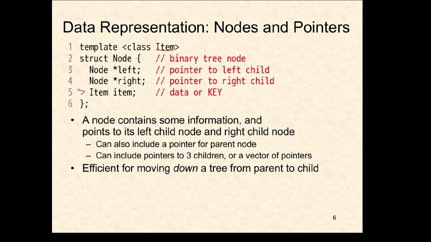The key is we're going to have that data inside, and we're going to have pointers to the children. If this is a binary tree, we're going to have 2 children. If those node pointers are null pointers, then we might have no children. We would be a leaf if all of our children are null pointers.